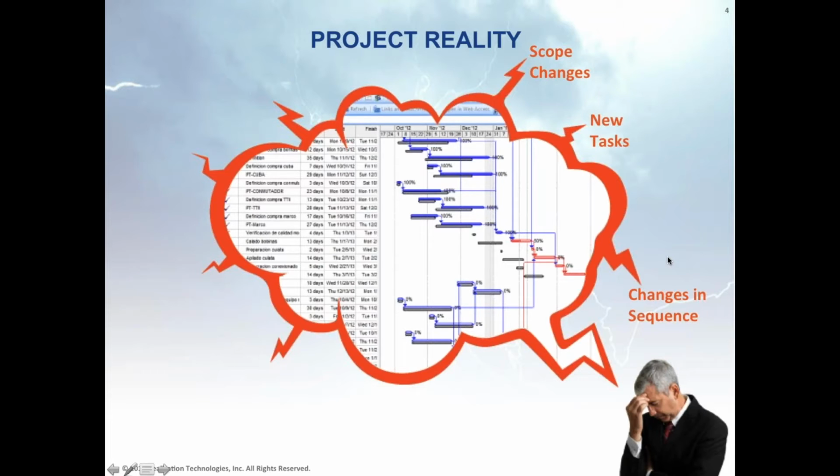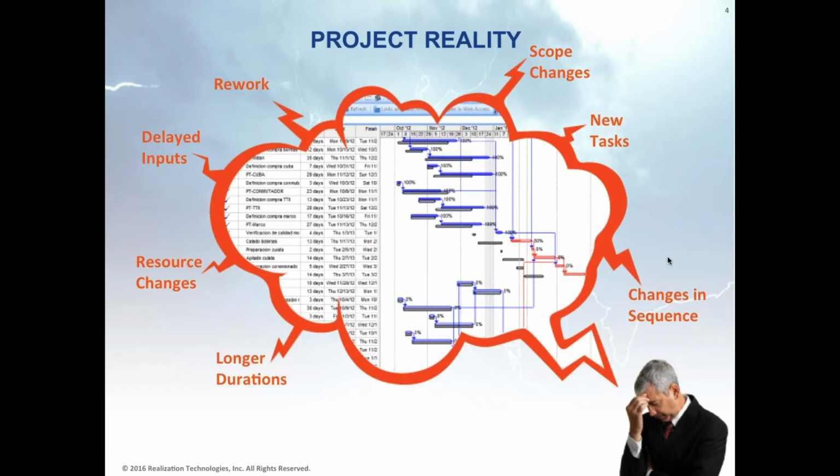You might have changes in the sequence, in the sense that if you are doing, for example, some product development project and you need to do some analysis and studies, you might start out thinking that the analysis and studies need to be done in a certain sequence, but then you change the sequence as you get into execution and you encounter some technical difficulties. The task might take longer than expected, the resource requirements change, inputs are delayed, and there's rework.